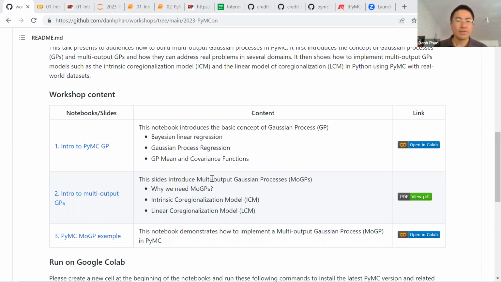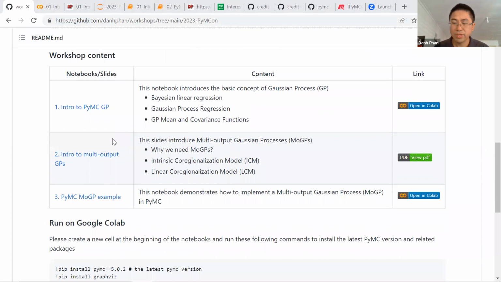In today's workshop, I divide into three sections. The talk is on multi-output Gaussian processes, but we will start with some simple linear regression, and then we introduce some review concepts about Gaussian processes.